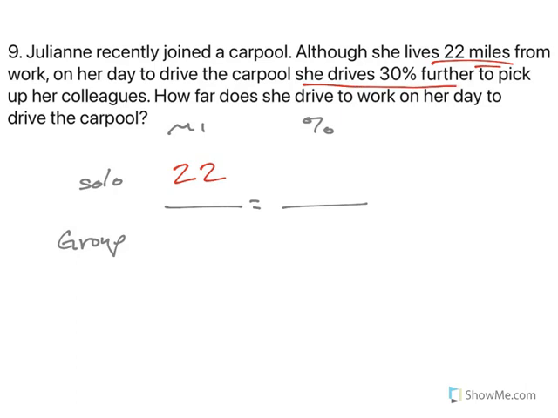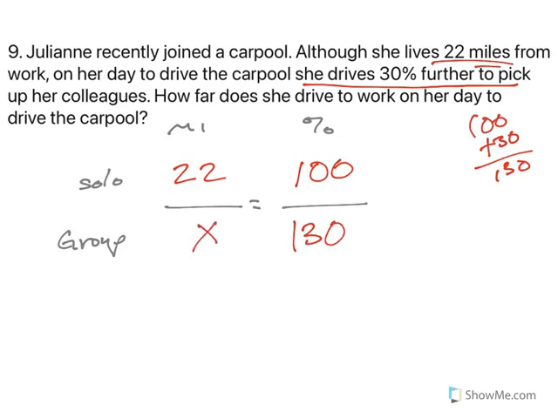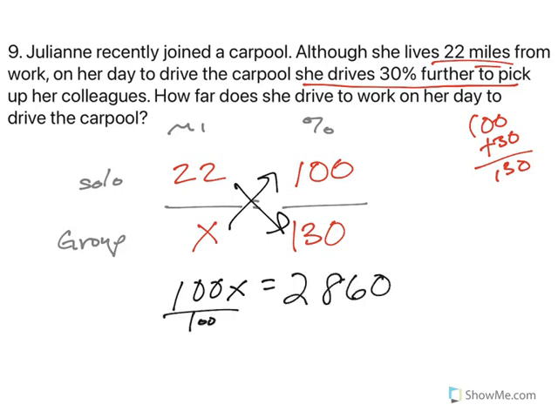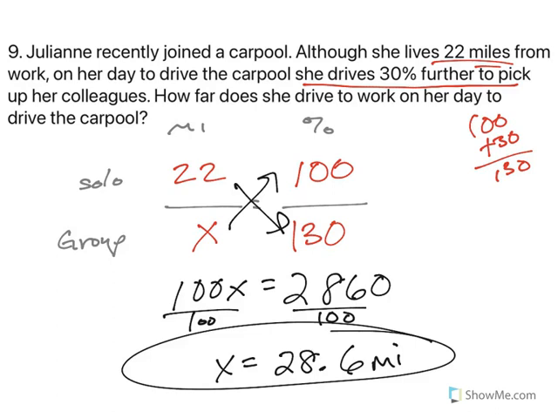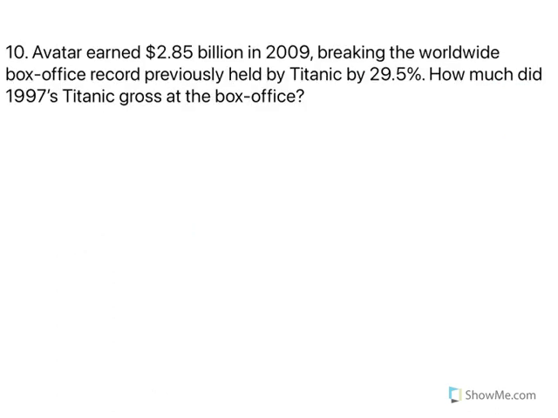On her day to drive, she drives 30% further than that. So if solo is the reference of 100, 30% further would be adding that. So she would drive 130% of what she normally does, right? So we can use that to find our group mileage. When we cross multiply, we get 100x equals 2,860. Divide both sides by 100, and x equals 28.6 miles. So on her days to drive carpool, that's how far she drives.